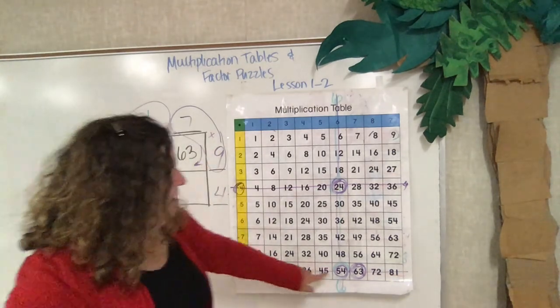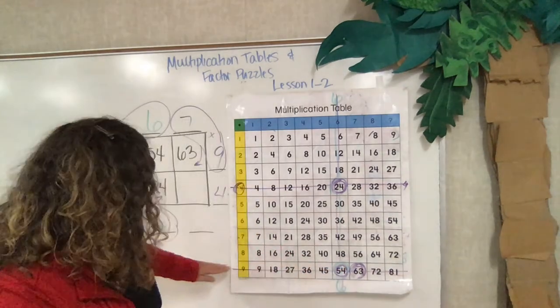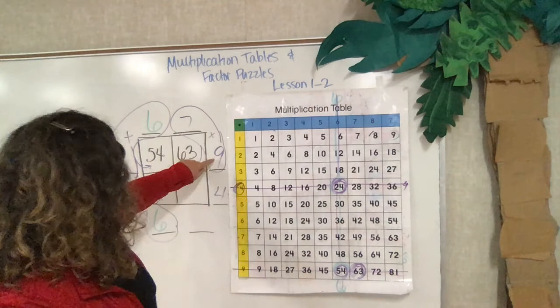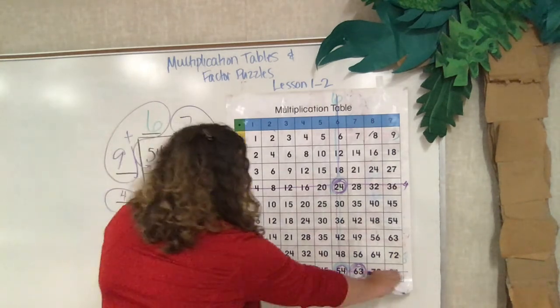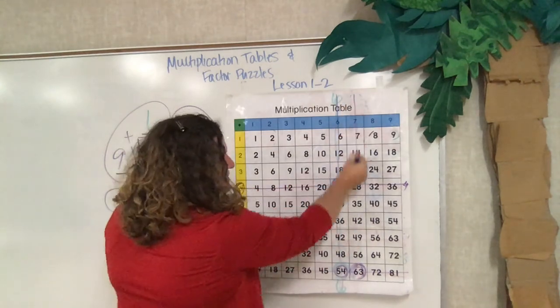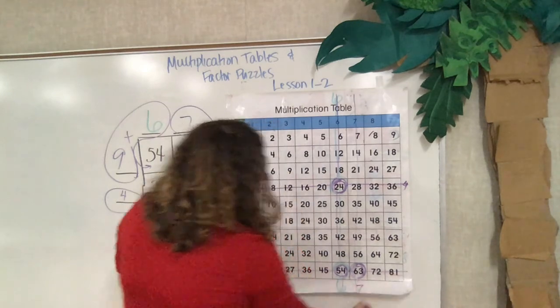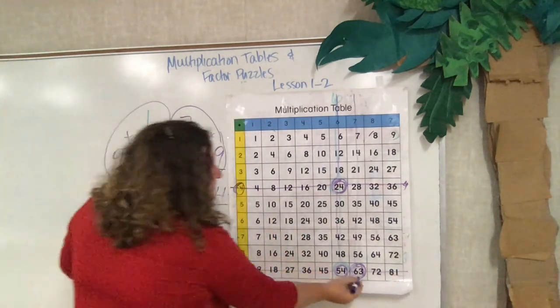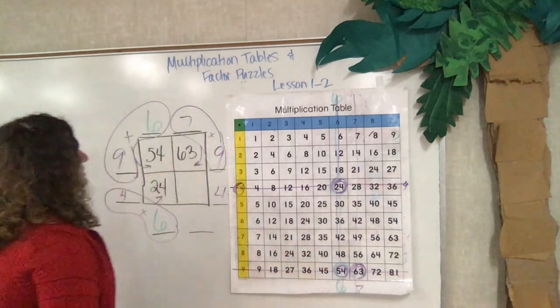Or you might say, hey, I've already identified the 63. It's right here. What row is it in? It's in the 9 row. What column is it in? 9 times 7. It's in the 7 column. So the 63 matches the 9 and the 7. 9 times 7 is 63.